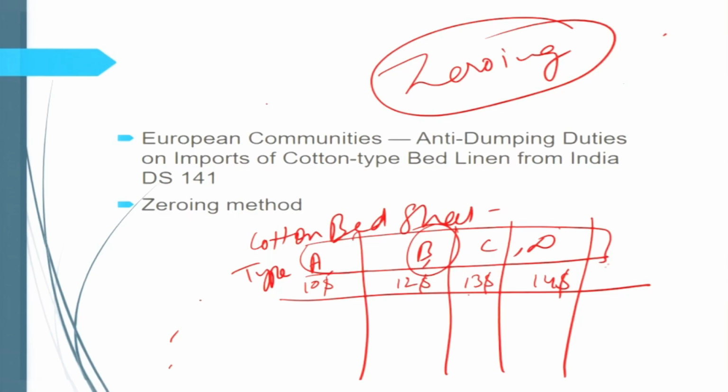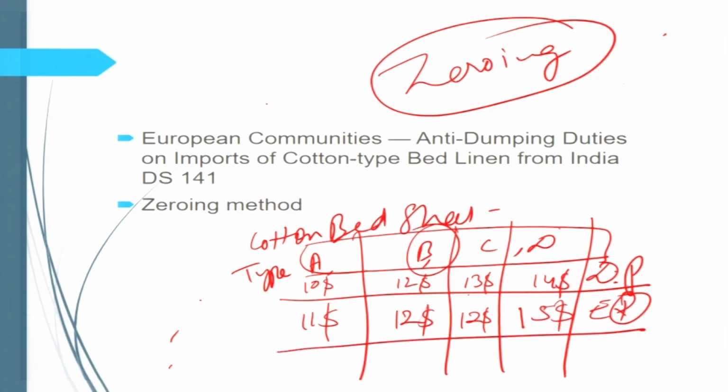Now, here this is the domestic price of these bedsheets, and let us take the export price here. The export price for cotton bedsheet A is $11, for cotton bedsheet B is $12, for cotton bedsheet C is $12, and for cotton bedsheet D, again let us say, it is $15, all right.